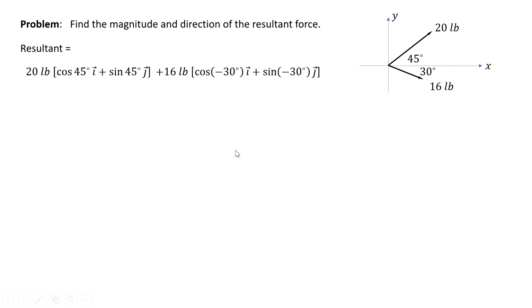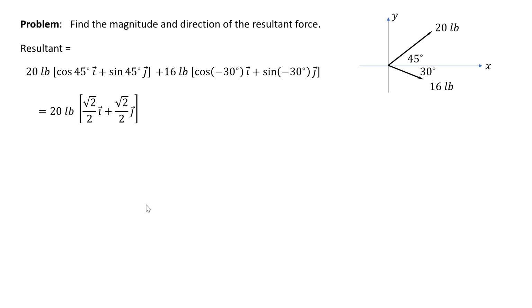So plus 16 pounds times cosine of negative 30 degrees i plus sine of negative 30 degrees j. Cool? 20 pounds, cosine of 45 is square root of 2 over 2, sine of 45 is also the same thing. Cosine of negative 30, recall, cosine of negative theta is the same as cosine theta, positive cosine theta.